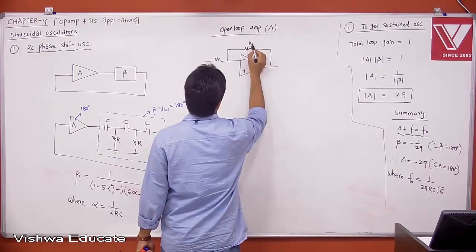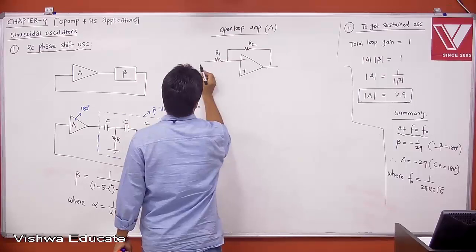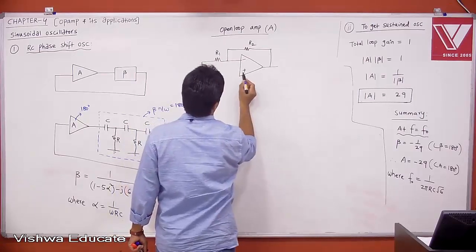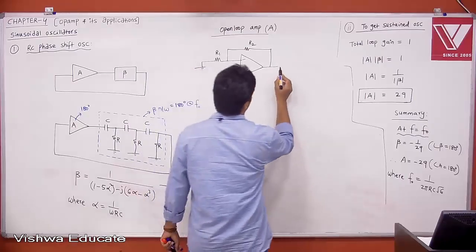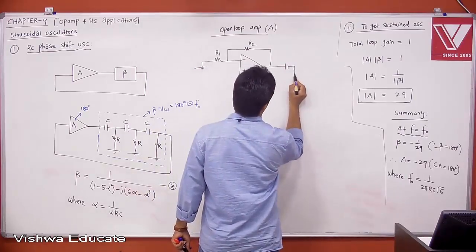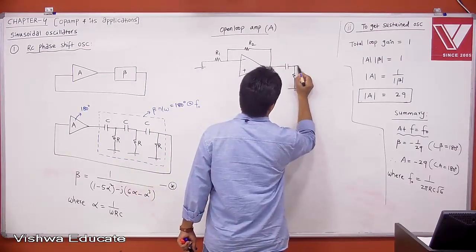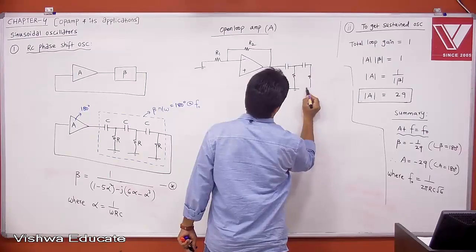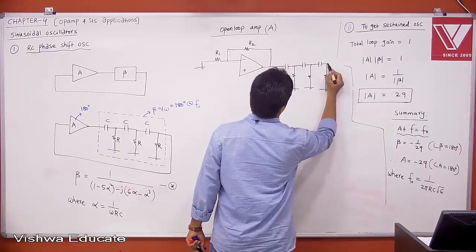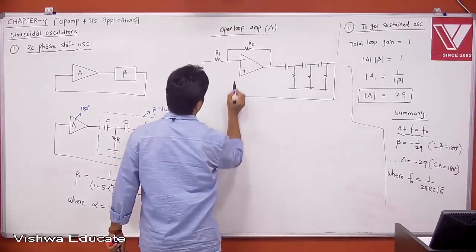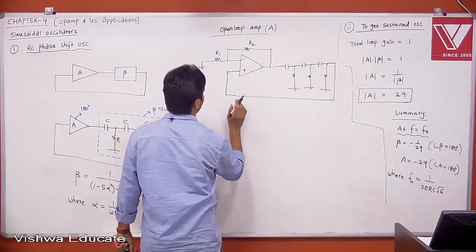This is R2 and this is R1. Now, this is your open loop amplifier, but the output should be given to an RC network. This output should be given to your amplifier input.